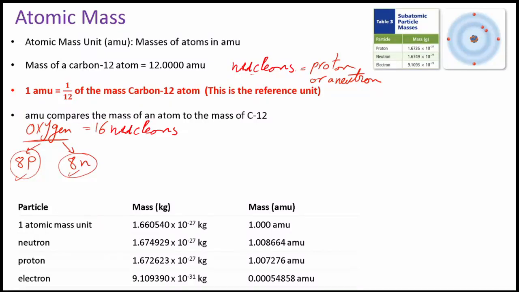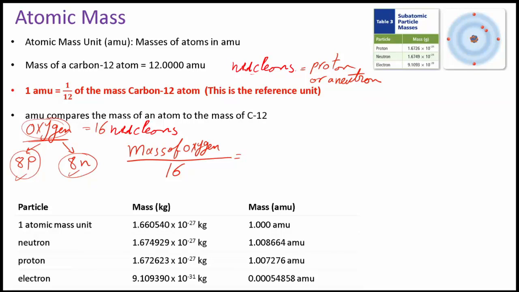So they said, okay, we will measure the mass of this oxygen and we will divide it over 16. So this gives us what? If we measure the mass of this atom and divide it over 16, the result expresses what?